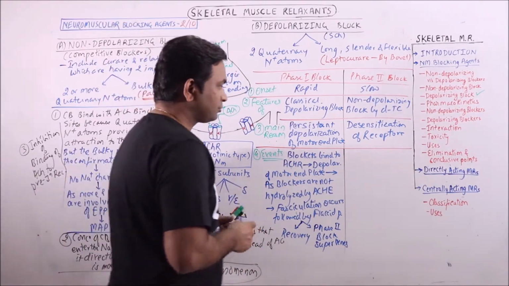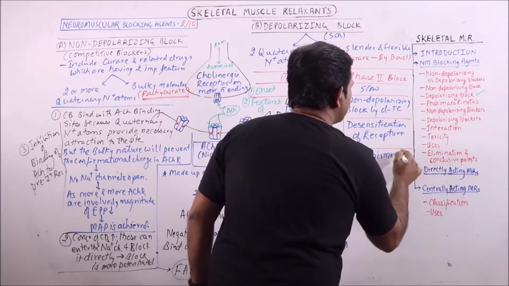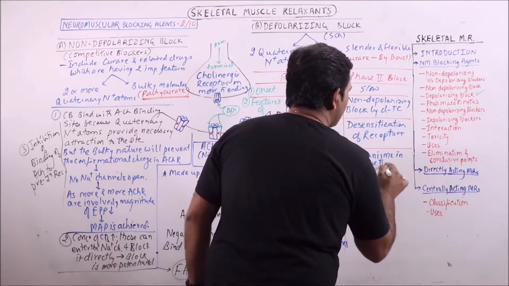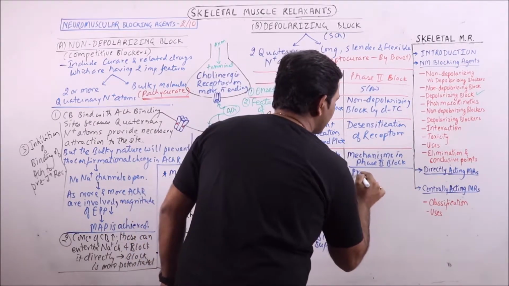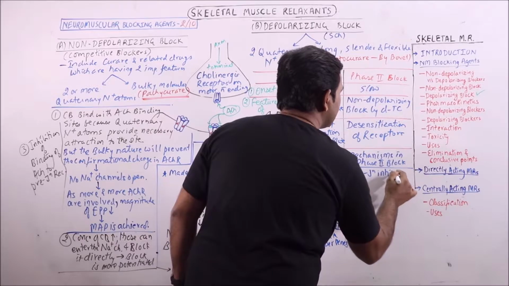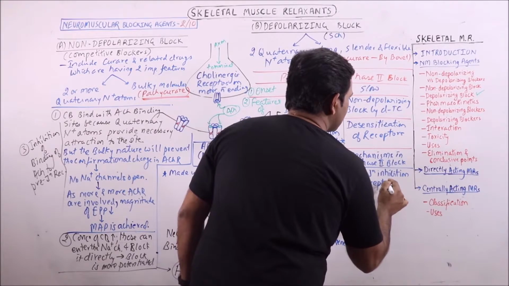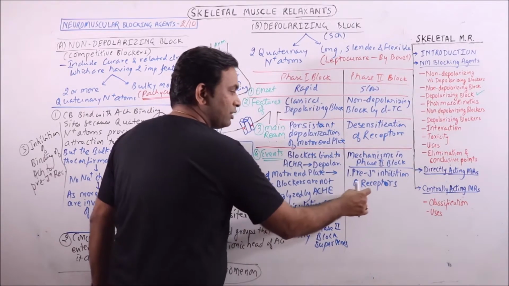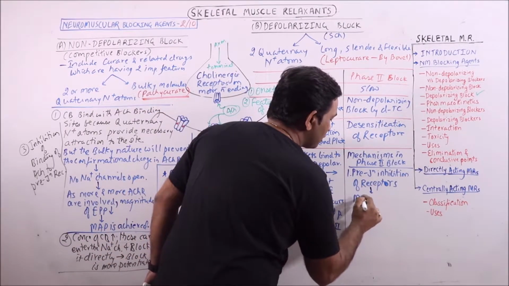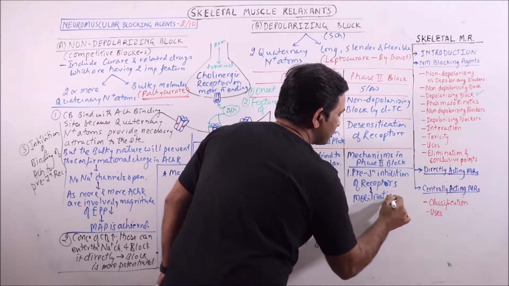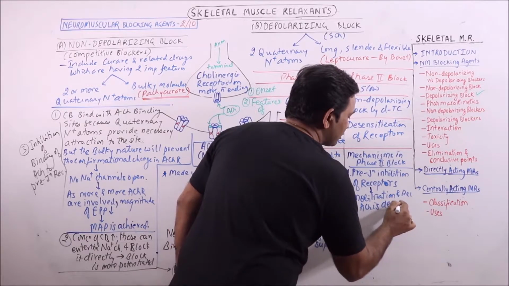Now phase 2 block. Mechanisms in phase 2 block are: first one, pre-junctional inhibition of receptors. Now if pre-junctional inhibition of receptors will occur, then mobilization and release of ACh is decreased.